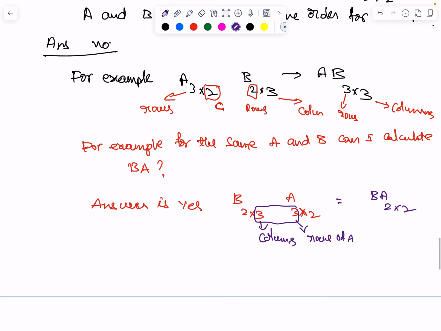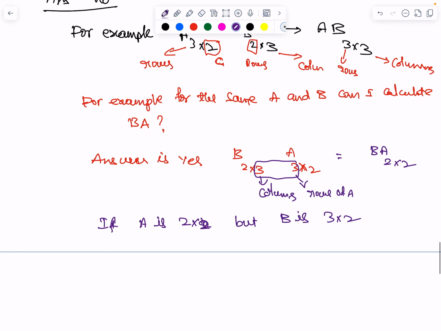Suppose A is a 2 by 2 matrix, but B is 3 by 2. Can I calculate AB? Can I calculate BA?